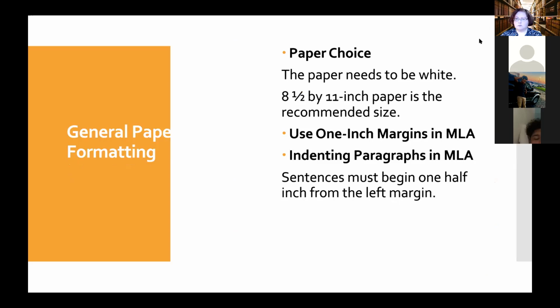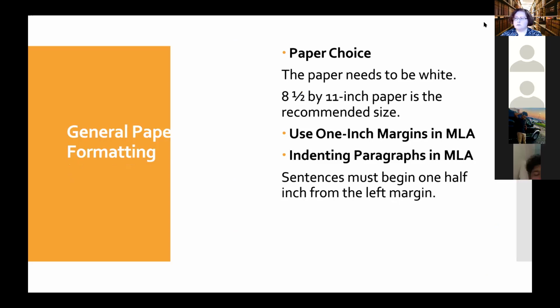Let's do that. The paper needs to be white and the size is 8 1/2 by 11. The margin has to be 1 inch, and the paragraph spacing is 2.0. The first line of each paragraph must begin 1/2 inch from the left margin.